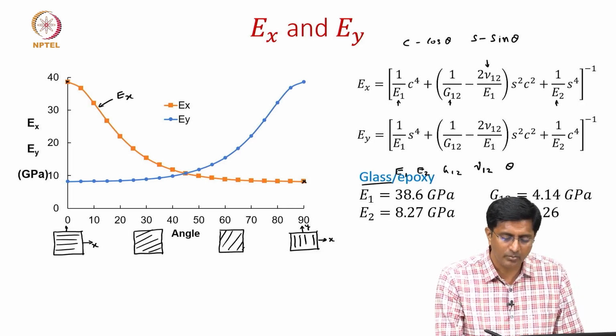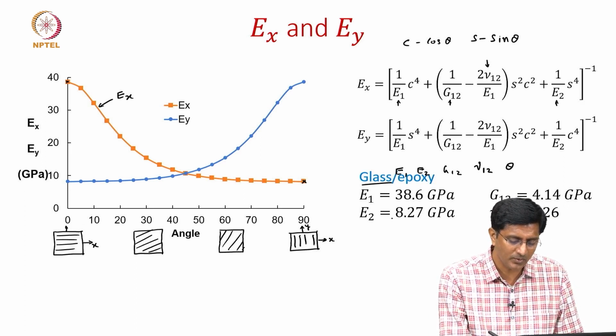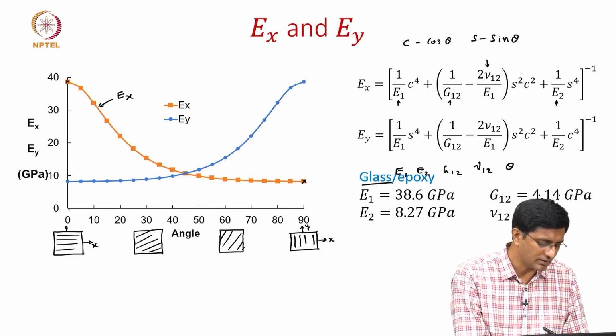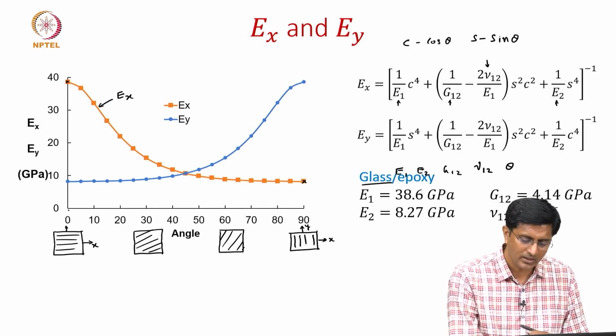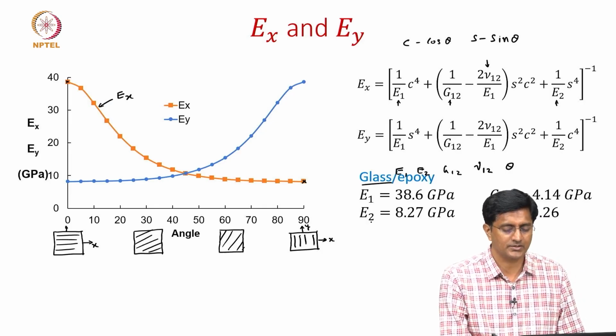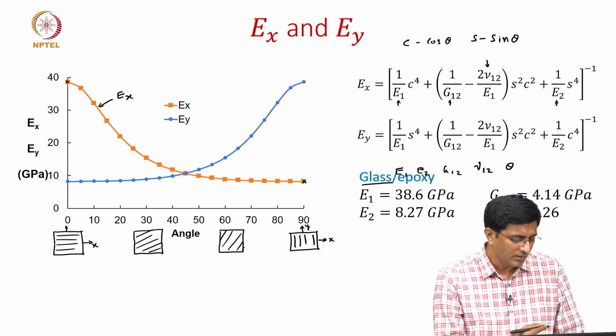And if you look back at these values, this is quite evident because we know the E1 value is maximum and E2 is the minimum. E1 is what we get when the orientation angle is 0 degrees, and E2 is what we get when the orientation is 90 degrees.